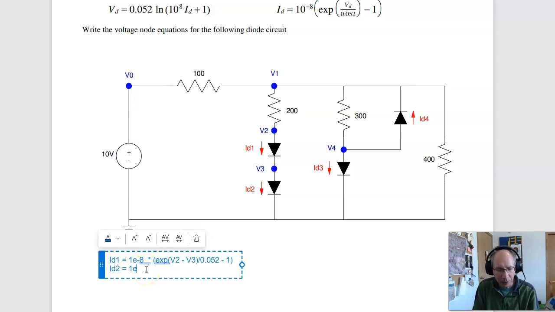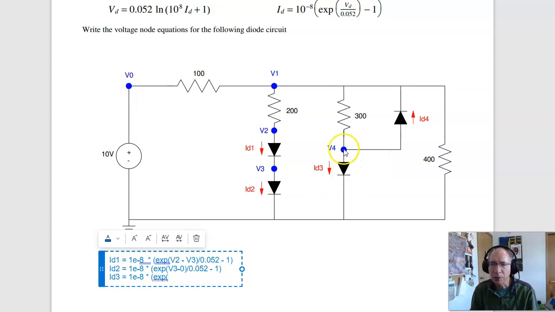ID2 is the same thing, 1e minus 8 times exp of the voltage drop across the second diode, anode to cathode, V3 minus 0. Third diode, ID3 is 1e minus 8 times exp of the voltage drop across the diode, anode to cathode, V4 minus 0.